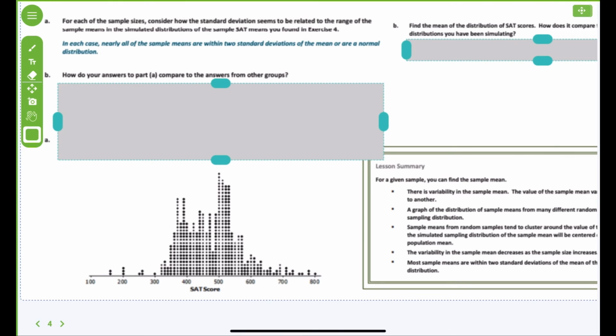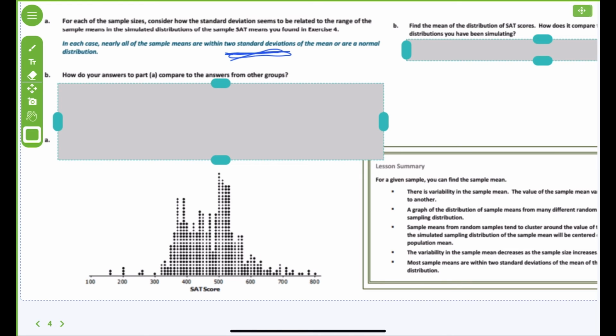Yeah, we know that. No matter what we do, whether we're looking at sample means or any type of distribution, in a normal distribution we know that almost all of the values should be within 2 standard deviations. Right?